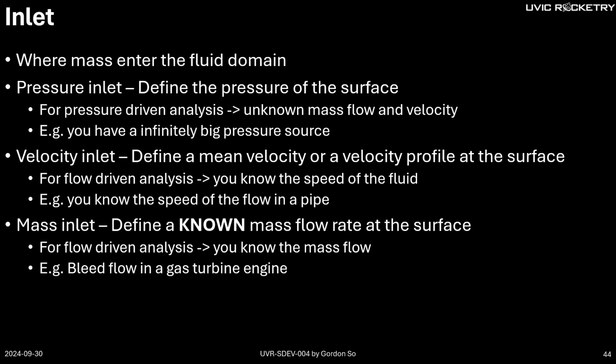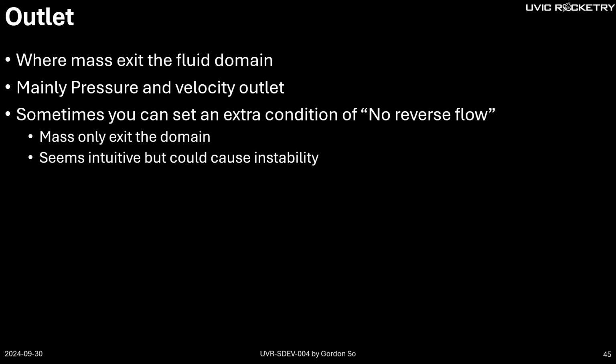And let's talk about outlet. Again, the definition is where the mass exits the fluid domain. Mostly it's just pressure and velocity. For outlets, of course, there are more, but these are the two most common. Sometimes you can set an extra condition called no reverse flow. However, it can cause some instability and mess up your solution.